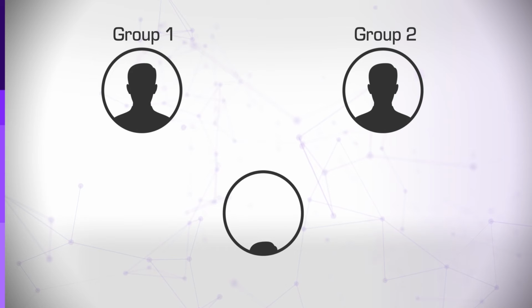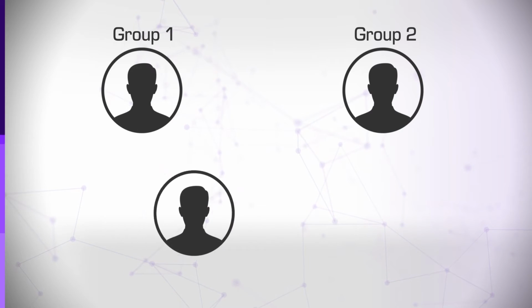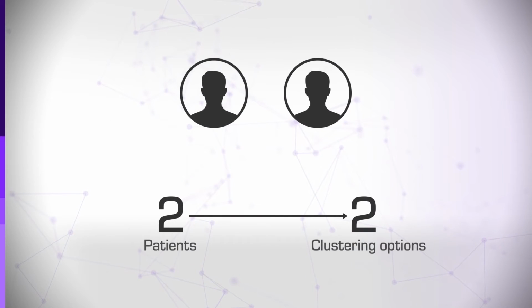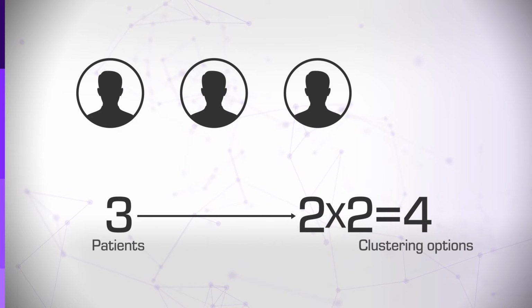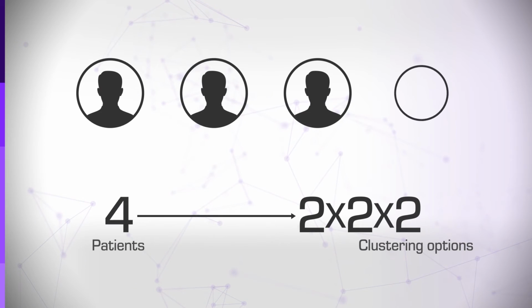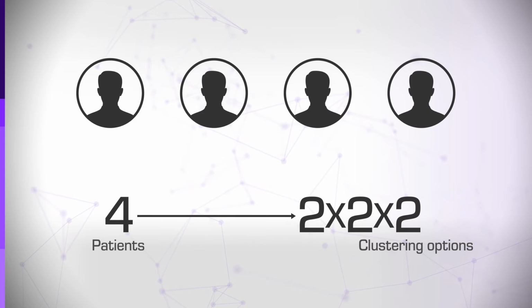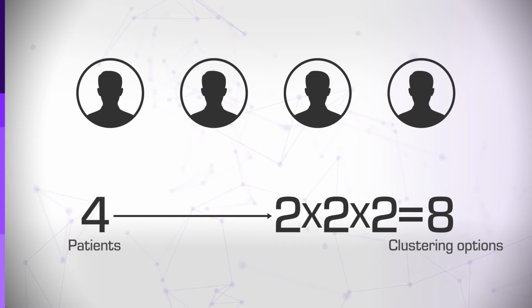The third patient has also 2 options, either to join the group of the first patient or go to the second group. So, for each of the 2 options of the second patient, we have 2 options for the third patient. Altogether, 4 clustering options. Similarly, the fourth patient has also 2 options, and that will lead us to 8 different clustering options. The formula here is that the number of clustering options equals 2 to the power of 100 minus 1.